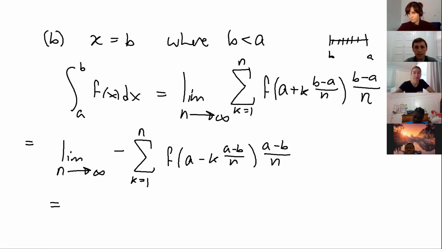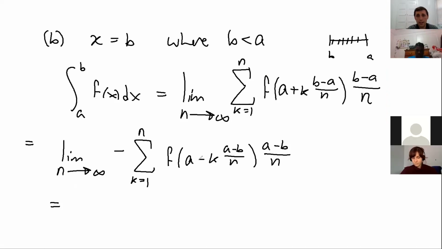So this describes, guys, look at it, that I'm starting at this point at A and I'm walking towards B. I'm walking backwards. So this is describing minus the integral from B to A, because I'm walking backwards.